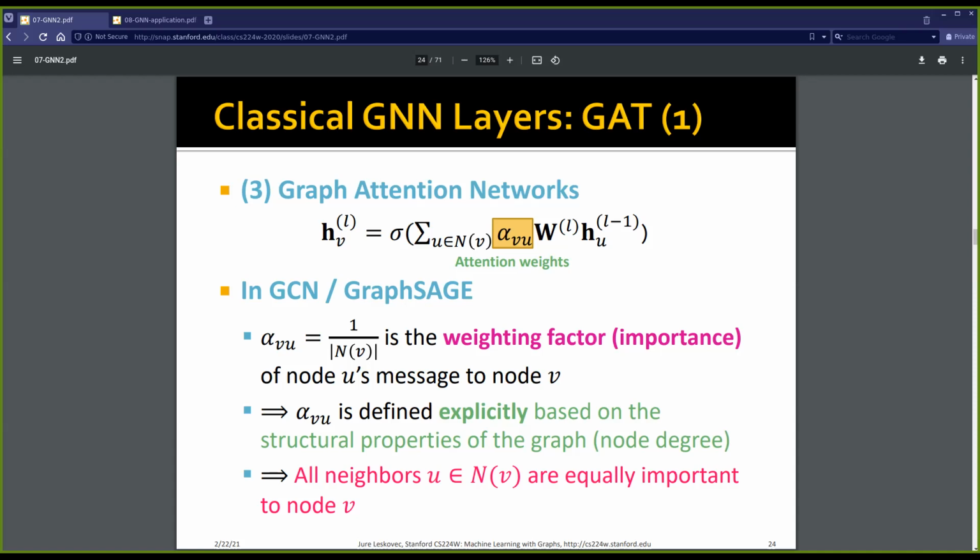But here, the alpha basically takes care of the individual importance. Okay, so it will be like a filter for each neighborhood. Also another thing is that these attention weights do not need to be symmetrical. So if you have, for example, the attention weight from node U to V, it can be far greater than from V to U. And that's another thing. Okay, I see.